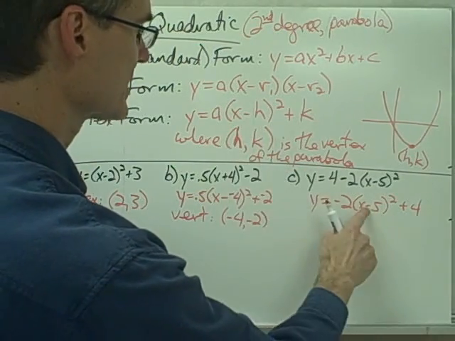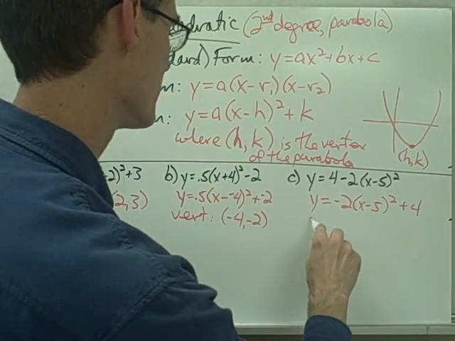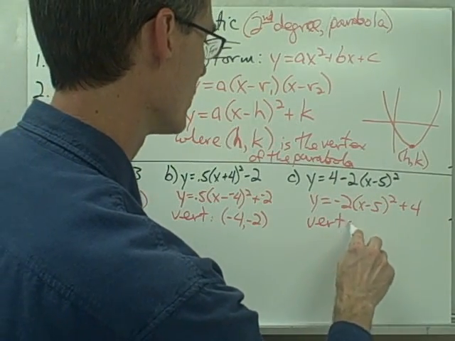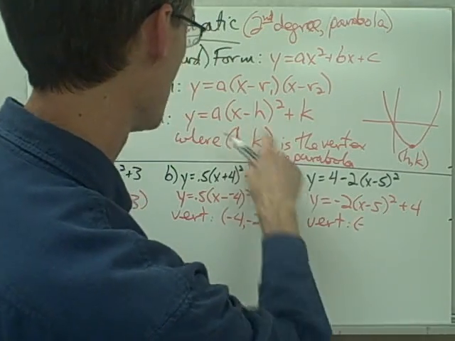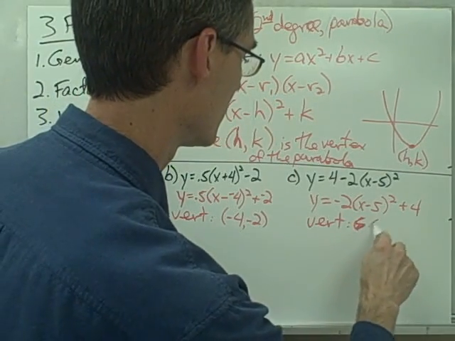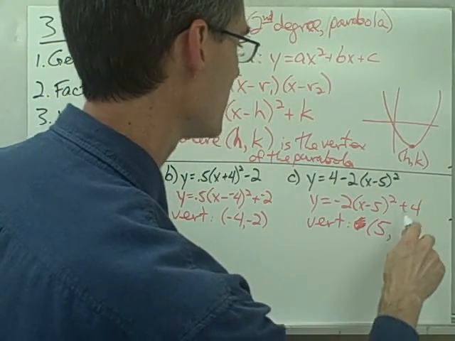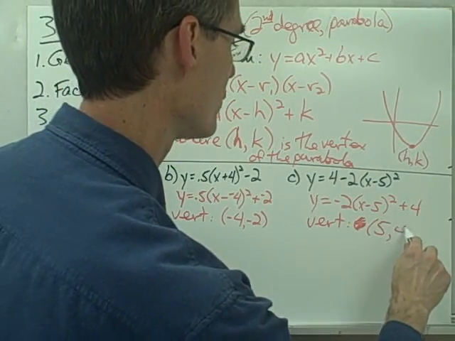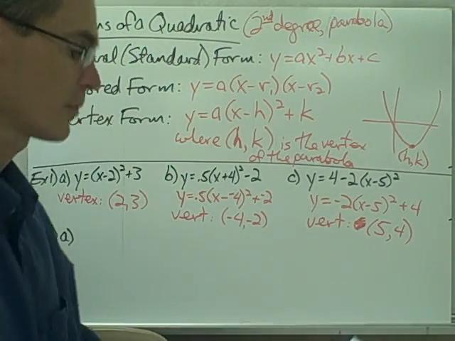And again, my signs here are correct. I've got a negative sign here, I've got a positive sign here. So my vertex for this parabola is going to be x minus, oops, not negative, x minus h, which is 5, plus k, which is 4. So those are the coordinates of the vertex for this parabola.